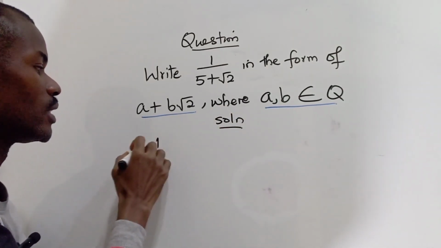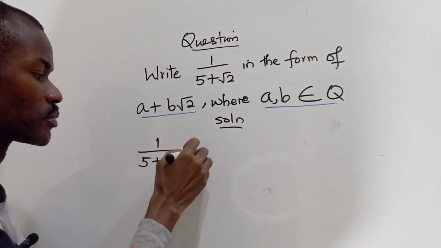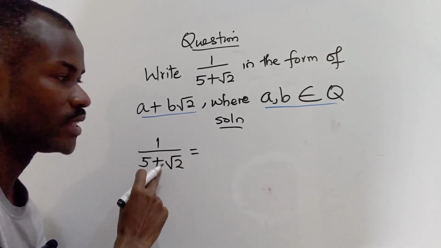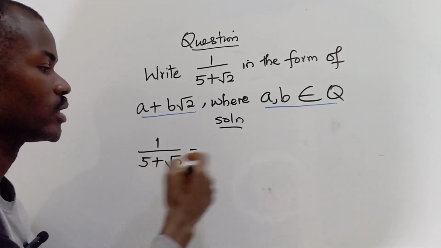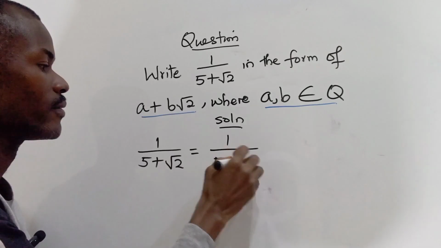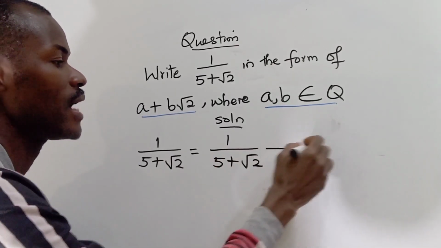All right, so how do we solve this question? All you need to do is multiply this and this by the conjugate of this. And what's the conjugate of this? First I want to write this. So we have 5 plus root 2 to multiply.